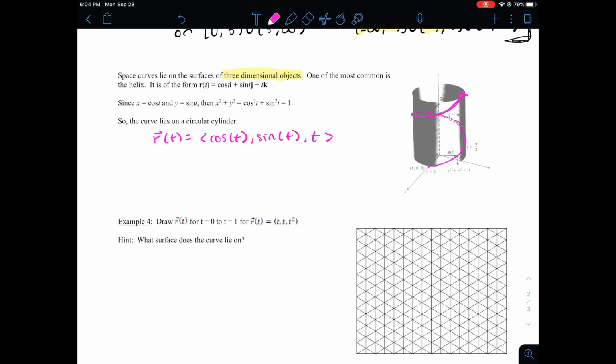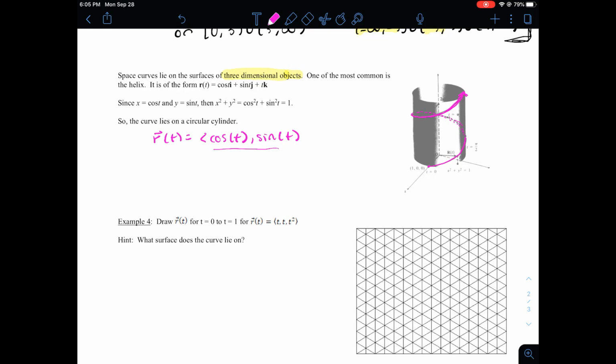If you didn't know what it looked like, you could always plug in values of t and graph it a little bit. You get to choose the values of t that you plug in, so I highly recommend plugging in values on the unit circle for t. But notice, if we just didn't have this part, cosine and sine, that's the unit circle, right?